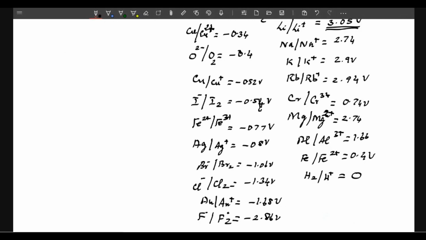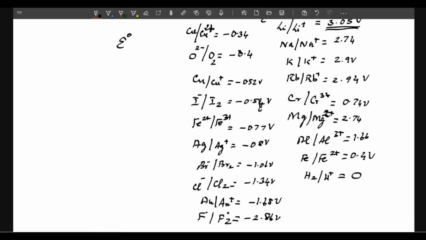For example, copper and copper 2 plus releases 2 electrons, but the potential minus 0.34 is for 1 electron. Therefore, we can compare these epsilon 0 values for all electrodes because they are all for the release of 1 electron.